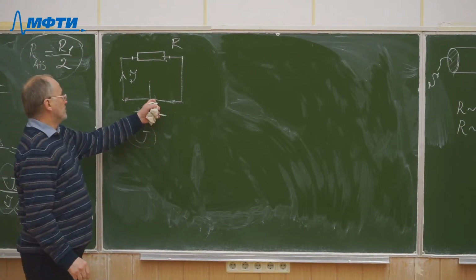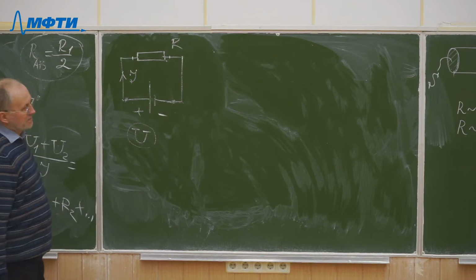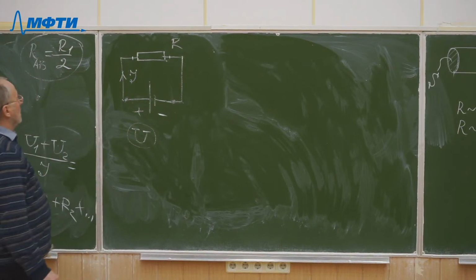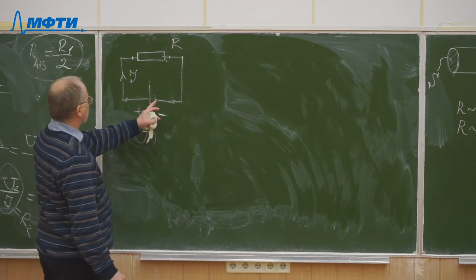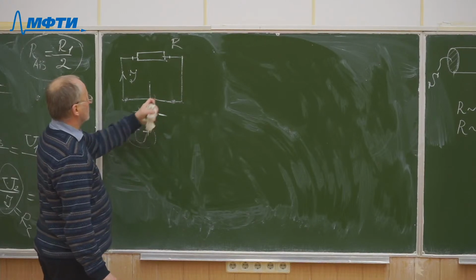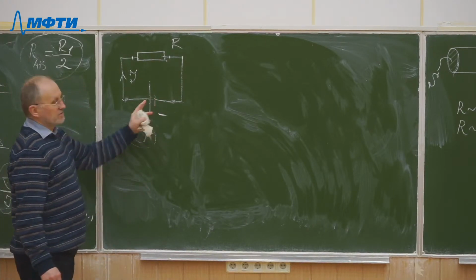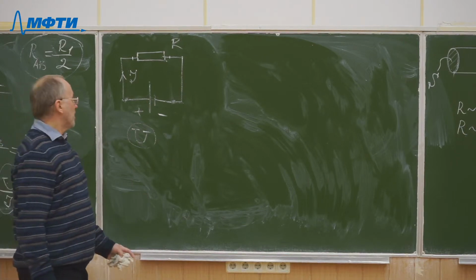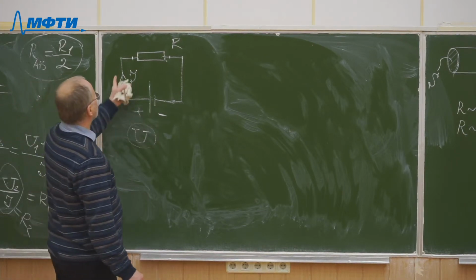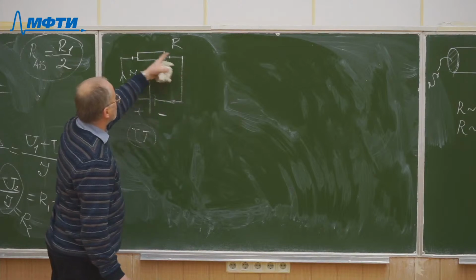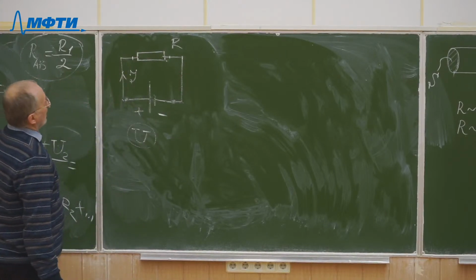Well, if the internal resistance of the battery is 0, I take the simplest case. We have already considered the general case when the internal resistance of the battery is non-zero. Now I will assume that this is 0, and we consider just what is going on in the external circuit.